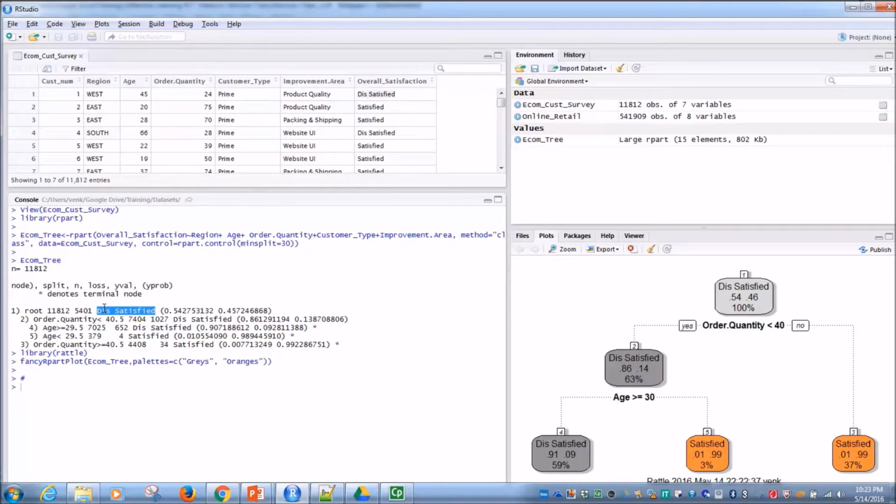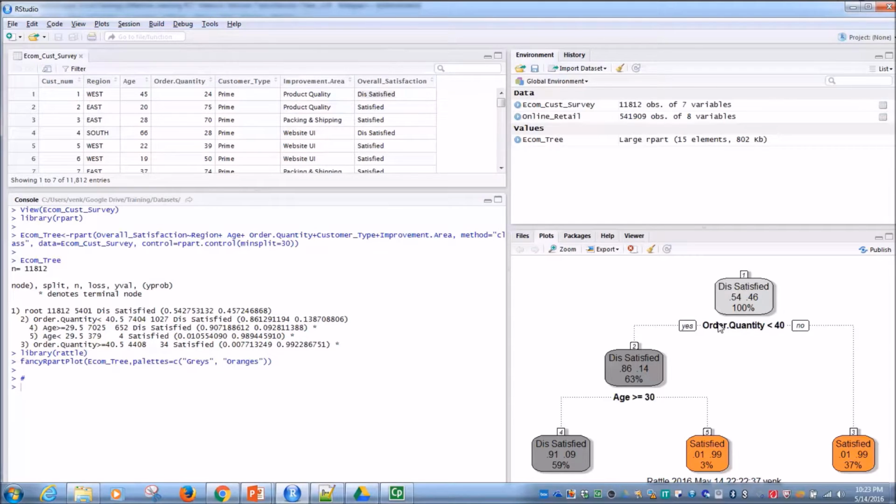Now at the root, the first variable that is splitting the whole tree, that is starting the split, is order quantity. So out of all the variables, region, age, customer type, improvement area, order quantity is the one which comes as the best split: when order quantity is less than 40, and when order quantity is more than 40.